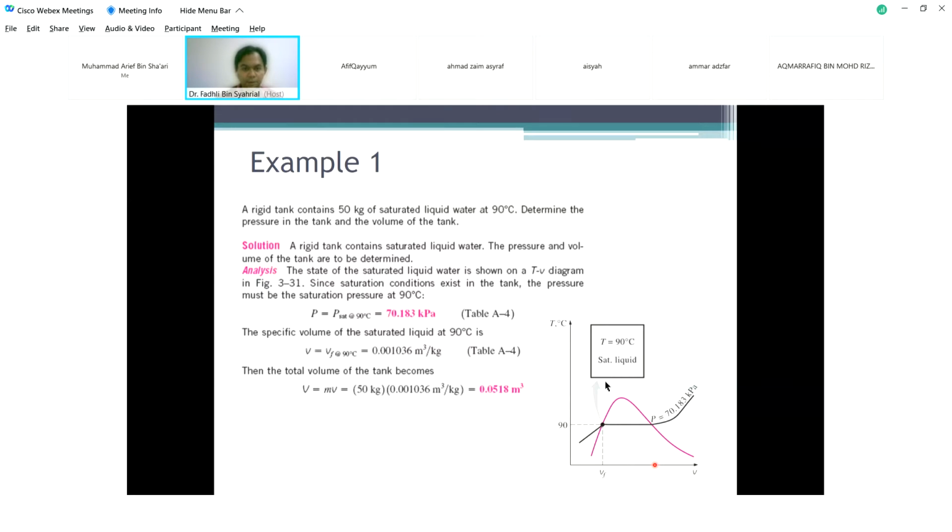Table A4 is the table for temperature, because temperature is given here, 90 degrees C. So at 90 degrees C, the value of Vg is 2.3593. So itu kaedahnya. This is how we find the value from the question and then refer to table.